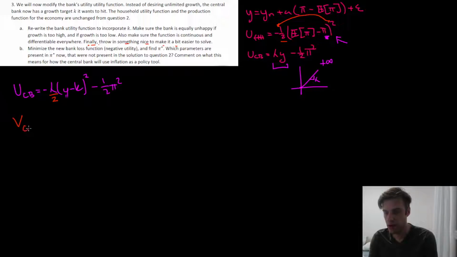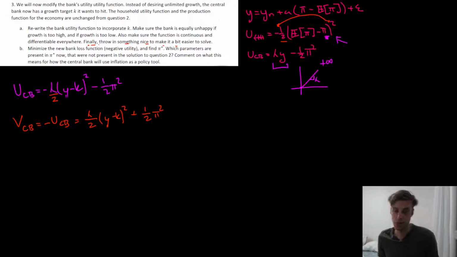We'll call it v, and v will be minus UCB. And then now v will be lambda over 2 y minus k squared plus 1/2 pi squared. This is another optimization trick, right? We had u, looks like this. Now we have v that looks like this, and they share the point k.